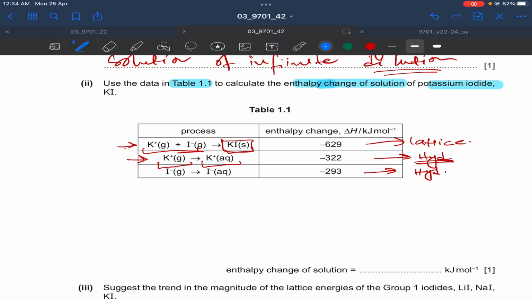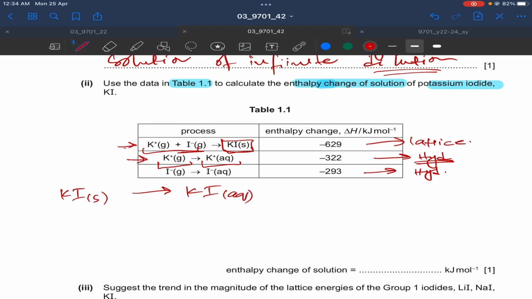So for the enthalpy change of solution, let's write all the equations and draw a cycle, although we can simply solve it through the formula, but I want to draw a cycle here so that everyone can relate the energy changes, right? So the enthalpy change of solution of potassium iodide: KI solid dissolves in water to give KI aqueous. So this is the enthalpy change of solution.